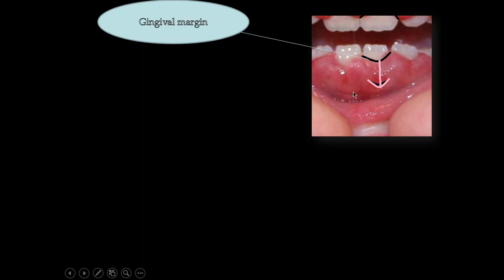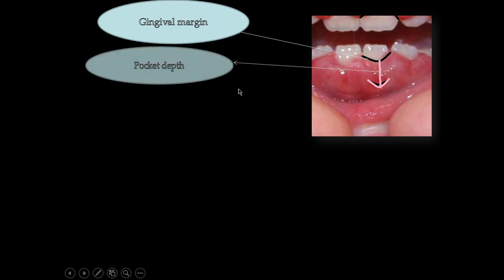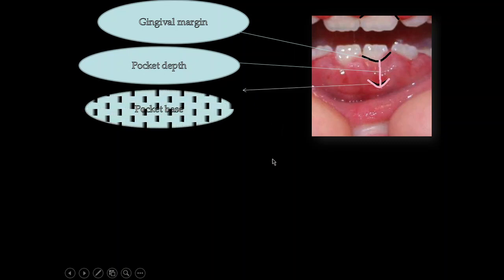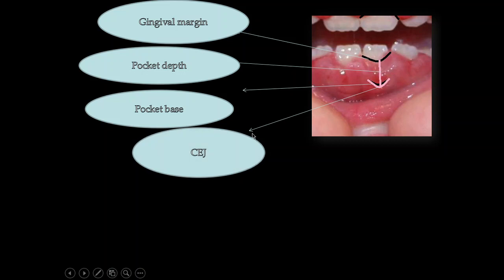When we insert the probe here, we get the pocket depth by the pink line. And this is the pocket base. And also this is the CEJ. If here we measure the periodontal pocket depth, it will be more than 3 millimeters.